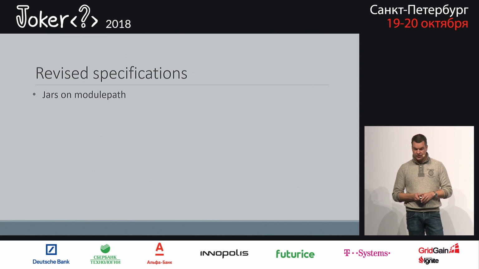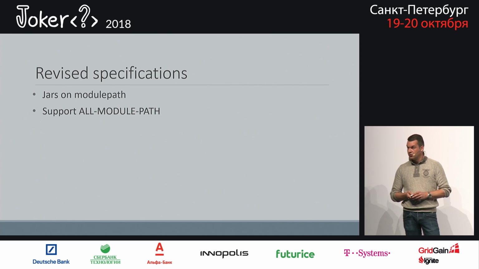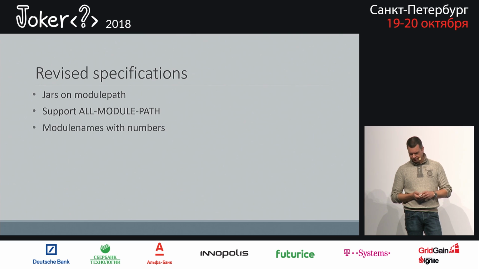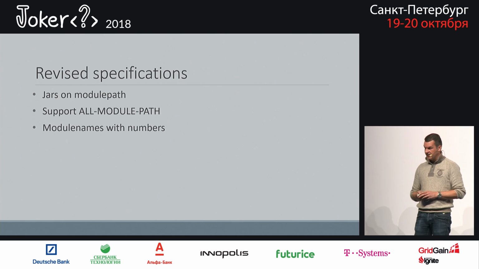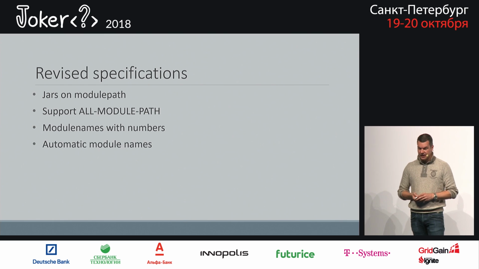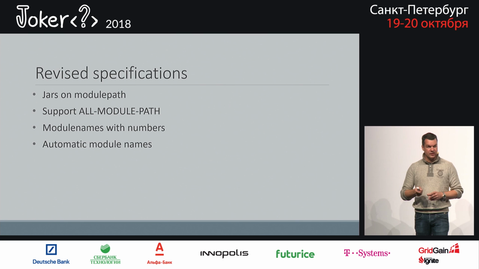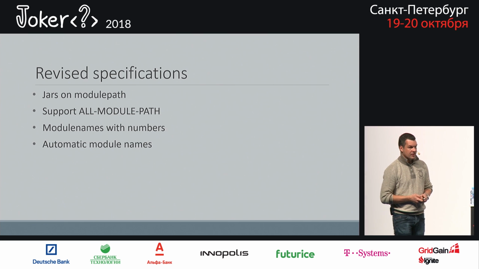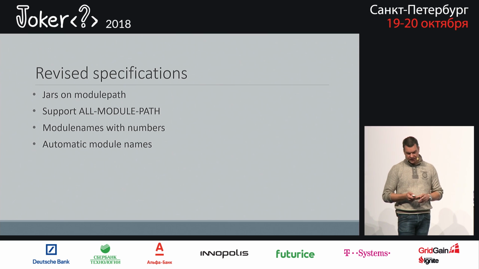One of the first is jars on the module path. The other one is a new flag, which says support all module paths. Then this one is about module names ending with a number. And the hardest one, and this is one of the reasons why Java 9 was once delayed, is all about the discussion about automatic module names.